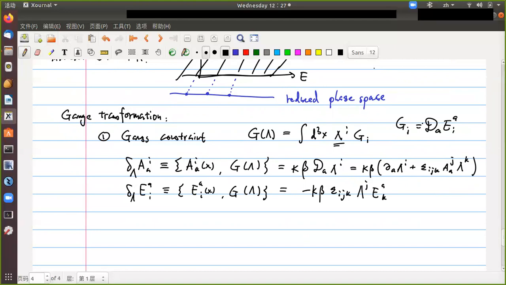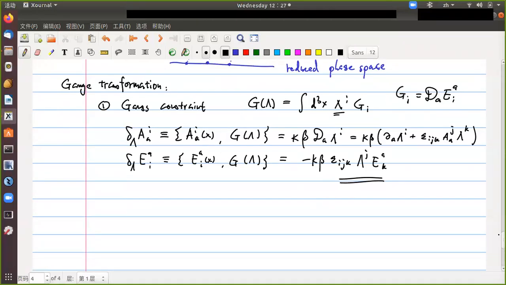You just plug in the explicit expression for G_i. G_i of course depends on A, and this Poisson bracket between E and G actually picks out the functional derivative of G with respect to A, and the coefficient of that term is just this result. It's a good exercise for you to do the functional derivatives, but since you have done previous exercises, I guess you should be familiar with that already. Okay, and then this is your homework to check them.